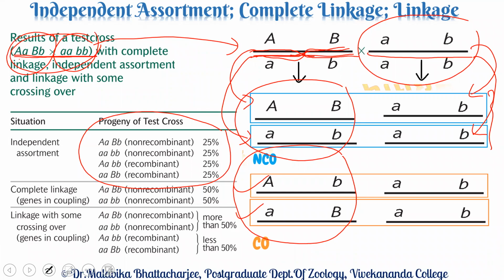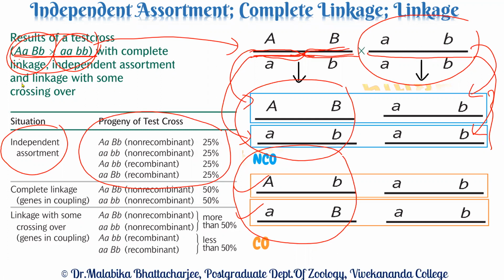The second case that may arise is the other extreme. The first I said is A and B being totally independently assorted, with no relation between A and B. The second case is that there is a linkage existing between A and B. As a result of linkage, the 2 genes will tend to be inherited together, so they will move together.